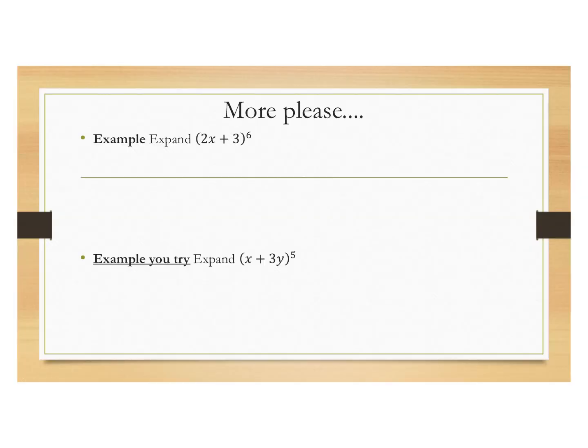Okay, so we're just going to do the same thing. Remember, we're going to look at the power of the binomial, and that is going to tell us to draw one more blank than that power. So we're going to actually draw 7 blanks this time.